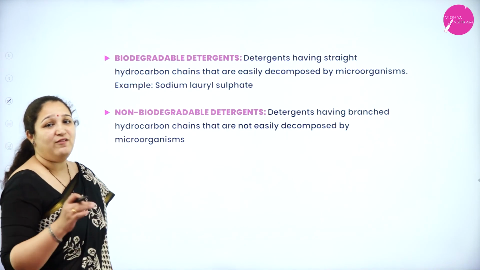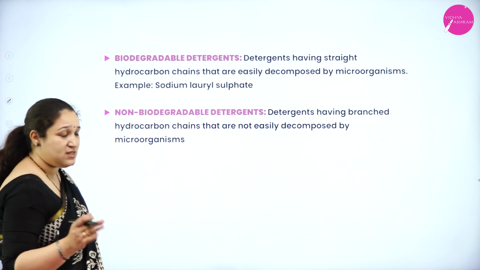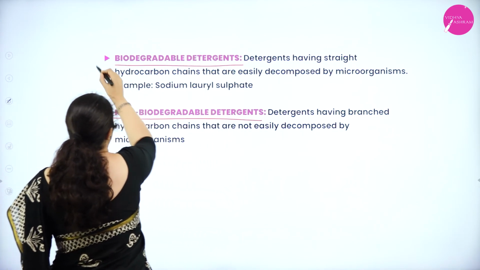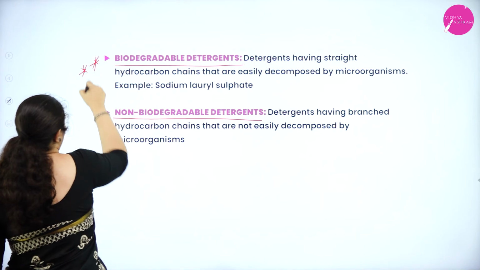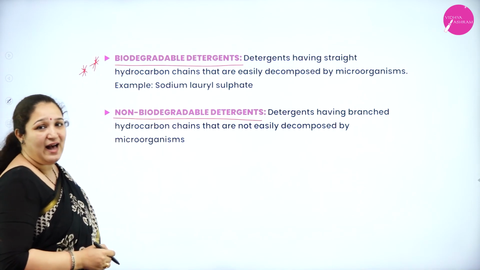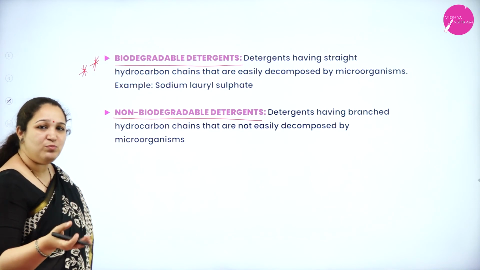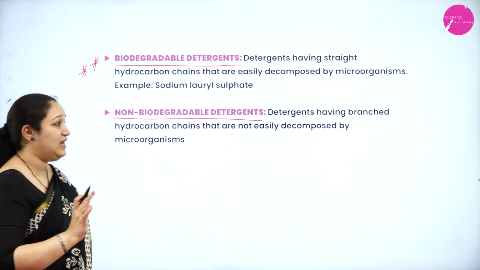Next we have biodegradable detergents and non-biodegradable detergents. What are biodegradable detergents is an important question. It has a straight hydrocarbon chain that can be decomposed by microorganisms very easily.